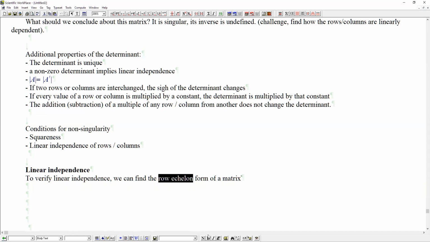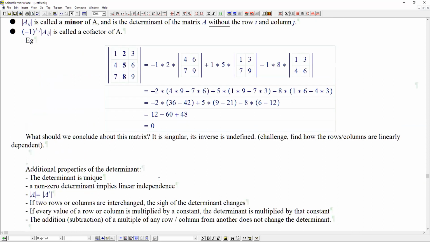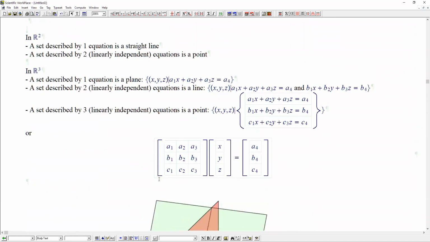Row echelon form looks pretty much like what you would do when you are trying to solve a system of linear equations. Imagine I give you this system. You find x in terms of y and z, substitute it in the second and third, then find y in terms of z and substitute it in the last one.